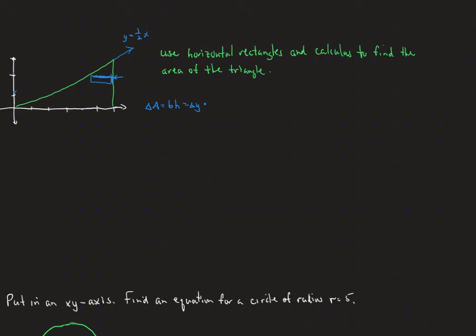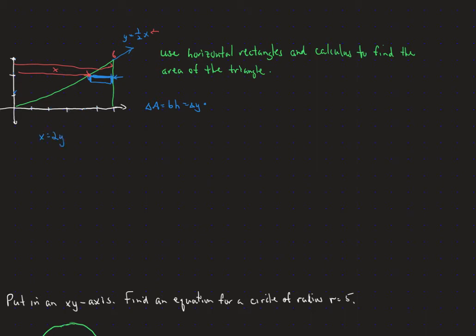Now what we want for this rectangle is we want to go the right side minus the left side. Now let me get a different color here. The right side is all the way over here. That's going to be 6. And the left side, this distance to here, is going to be the x-coordinate of that point right there that's on the curve. So we want to take our equation and write x in terms of y.